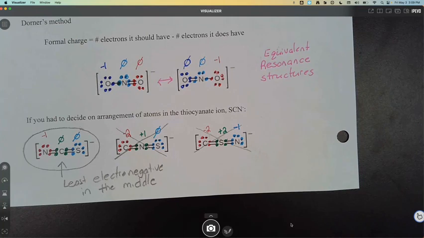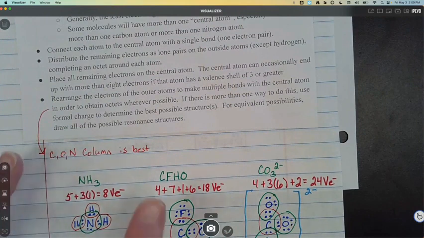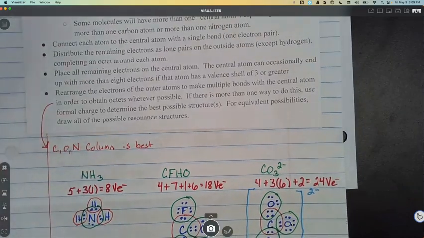Now, I want to use the formal charge to show you one more thing. When we were doing this before, I kind of gave you this rule that said when we're going to make multiple bonds, doing so with the carbon, oxygen, nitrogen column elements is best.